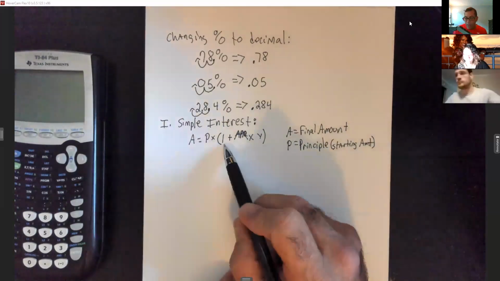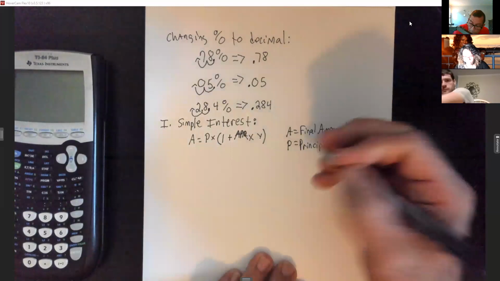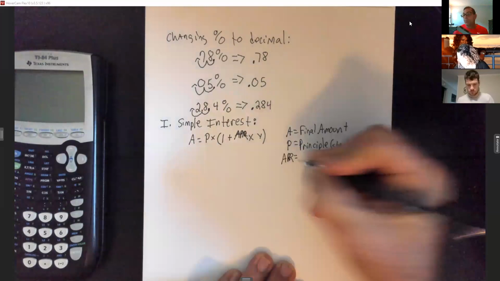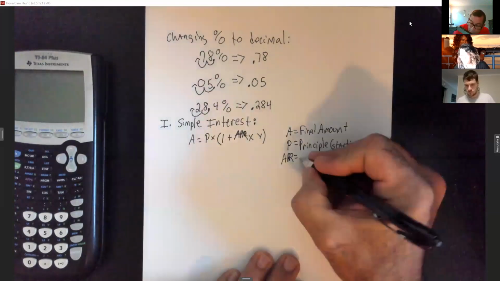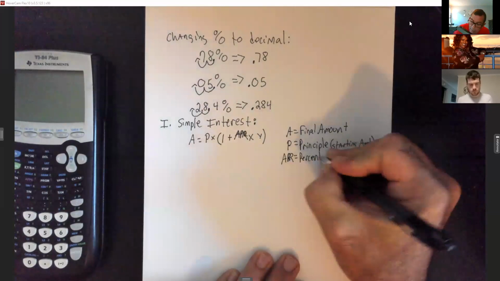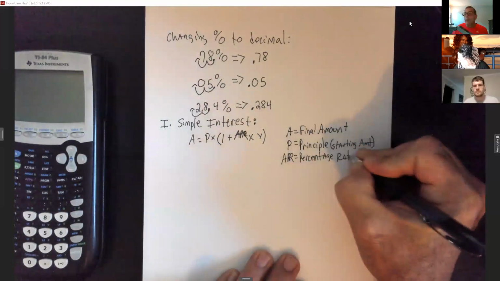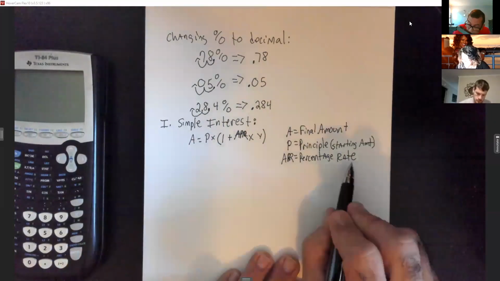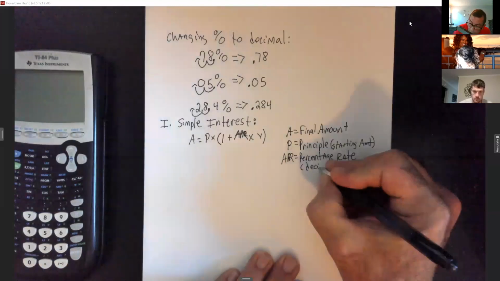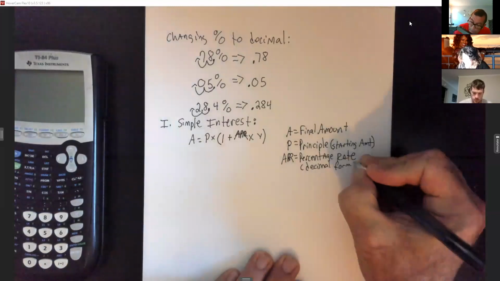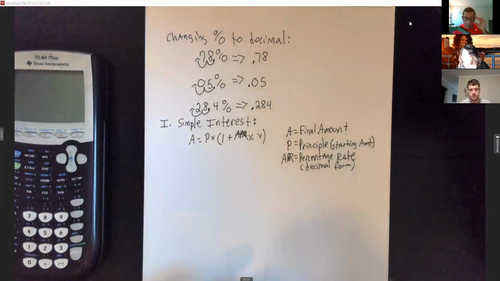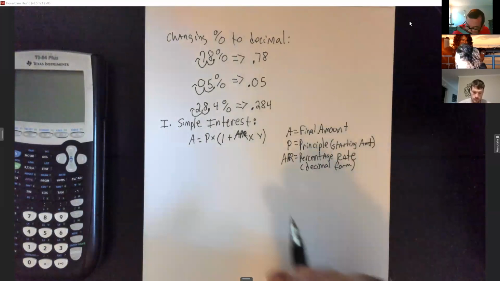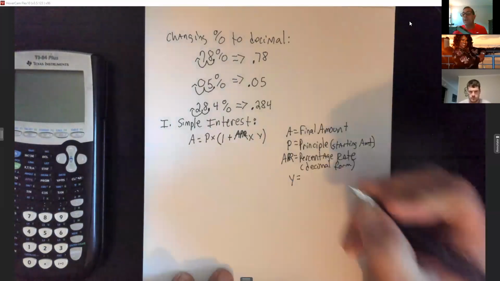The one is always there. APR is your percent rate. Now remember, when I use the formula, this percentage rate has to be in decimal form. Okay, we cannot put the percent symbol into our formula. All right, then Y. Y is going to be the number of years.